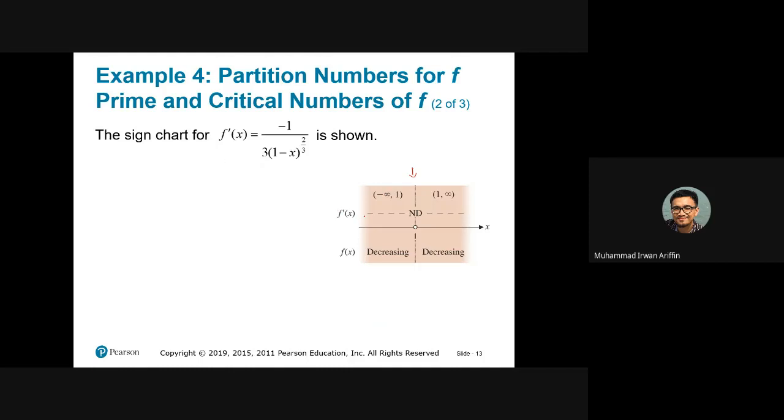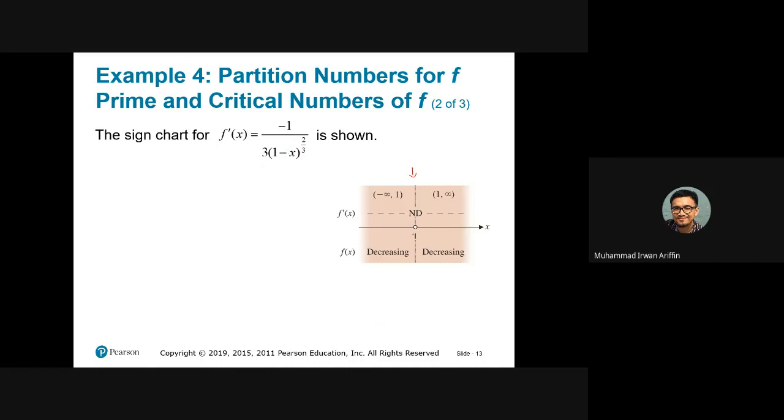And what is the value of the derivative for x less than 1? Let's take, for example, 0. If you replace 0 here, this would be 3 multiplied by 1 to the power 2 over 3, and then we have a negative. So it is negative.